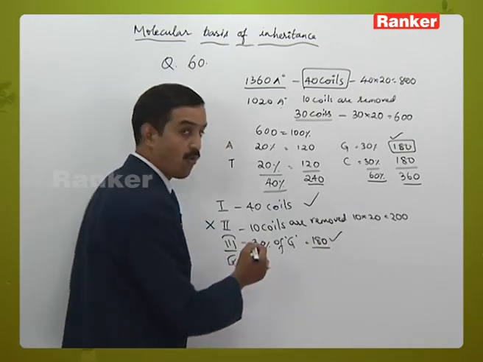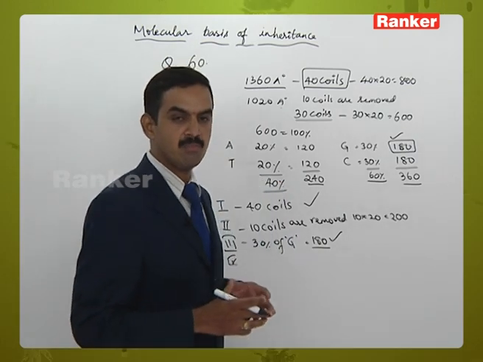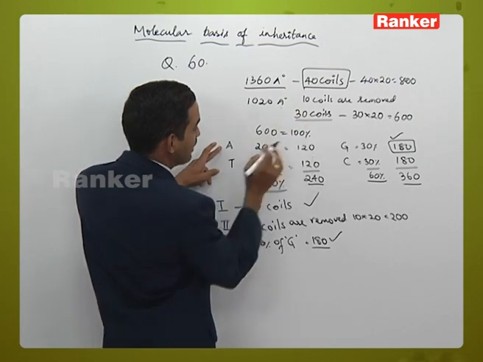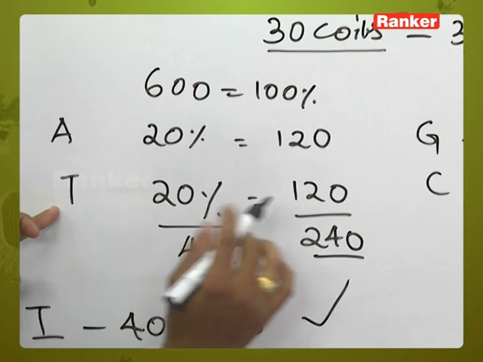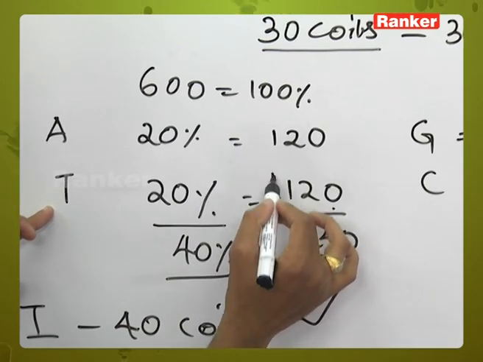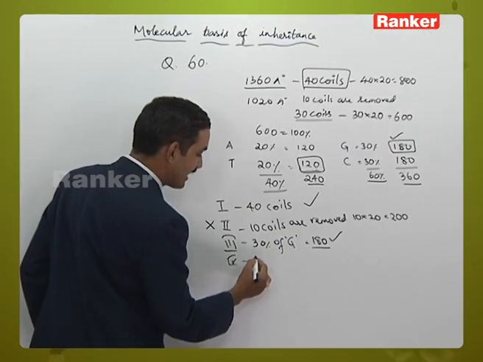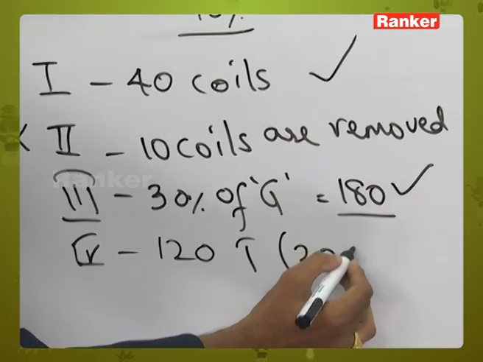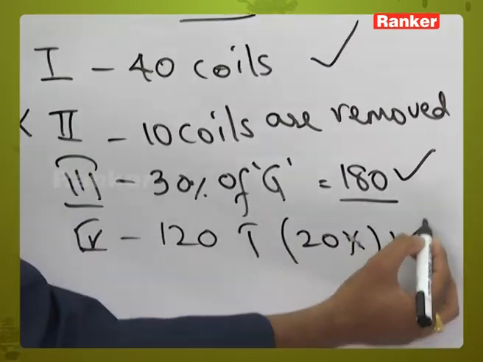Then the fourth one, number of thymines present in the experimented molecule is 120. Already we said that out of 30 coils, adenine is 20%, that is 120. Thymine is 20%, that is also 120. So the number of thymines present in the experimented material is 120. That is also correct.